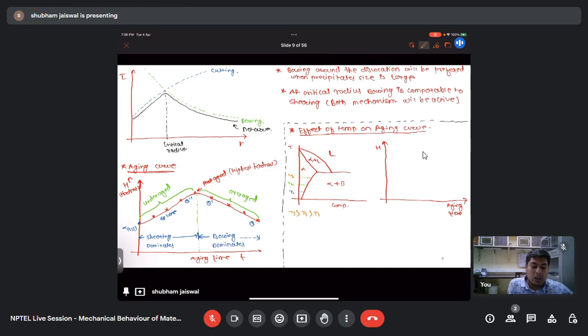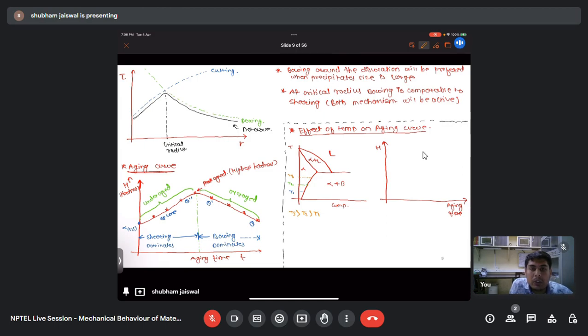At the higher temperature, the volume fraction of the precipitate decreases, so we will have a decrease in the hardness. Also, as the temperature increases, the time to reach the peak hardness will reduce.